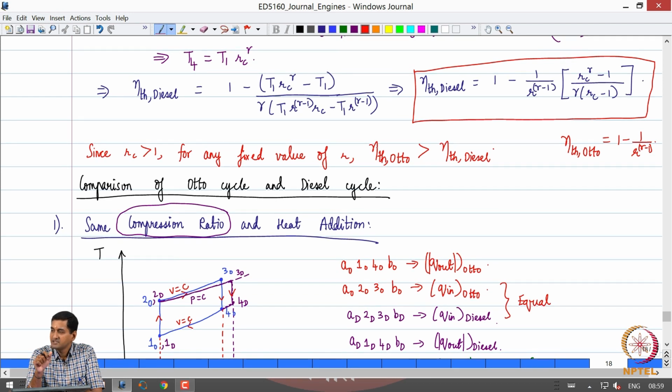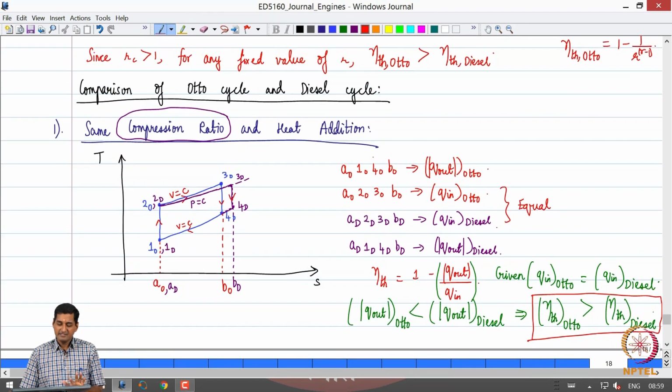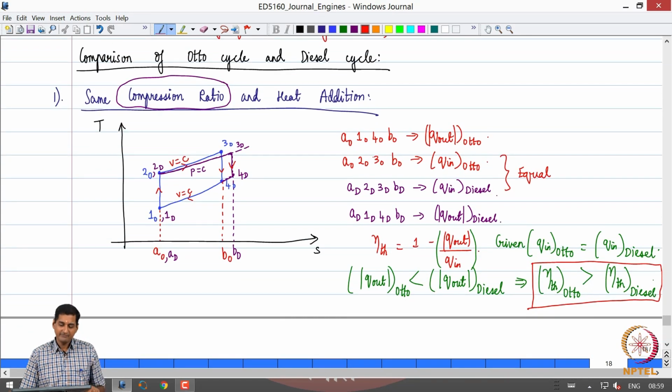That is the main difference, and we did some analysis using the conservation of energy, the process relationships for an isentropic process, and the ideal gas equation of state to get expressions for the thermal efficiency of the two cycles. We started with one case where we compared the Otto cycle and the diesel cycle.